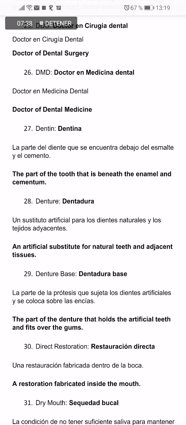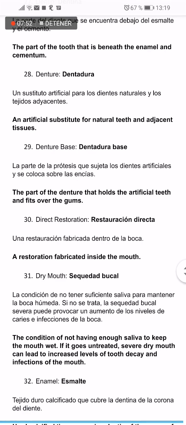Denture, dentadura: an artificial substitute for natural teeth and adjacent tissues. Denture base, dentadura base: the part of the denture that holds the artificial teeth and fits over the gums.